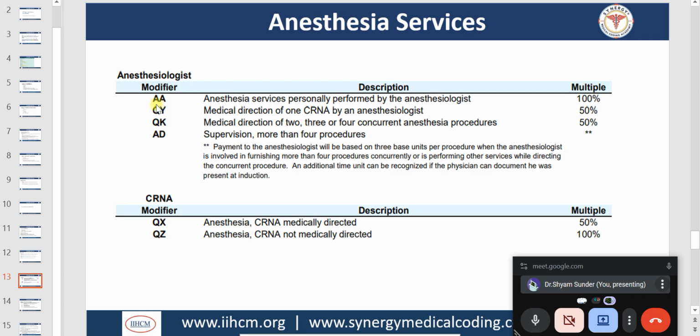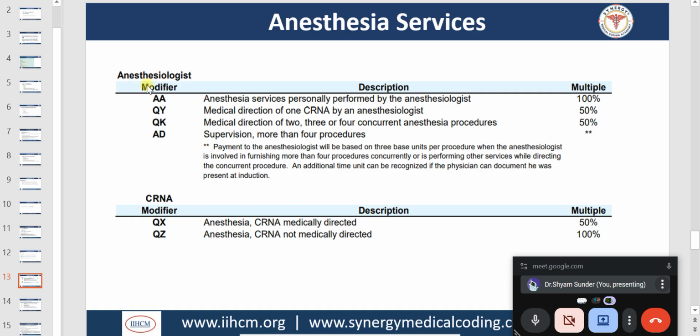Now the payer will know anesthesia is given by an anesthesiologist. If a CRNA gives anesthesia, then you have two applicable modifiers, QX and QZ. If the CRNA is providing anesthesia under the direction of an MD, then QX. But if the CRNA is providing anesthesia independently, then QZ.